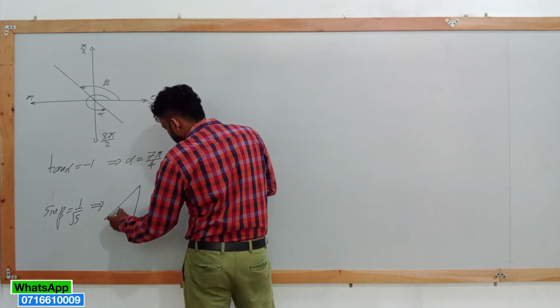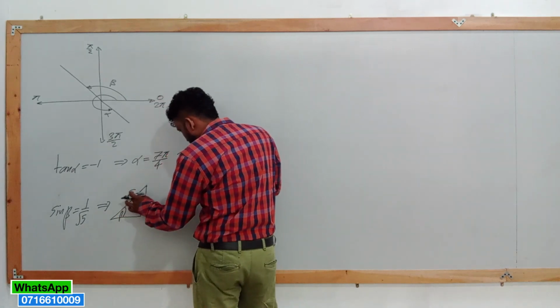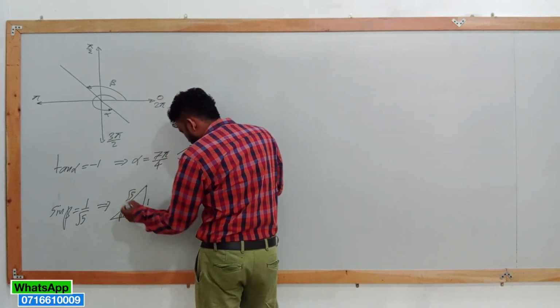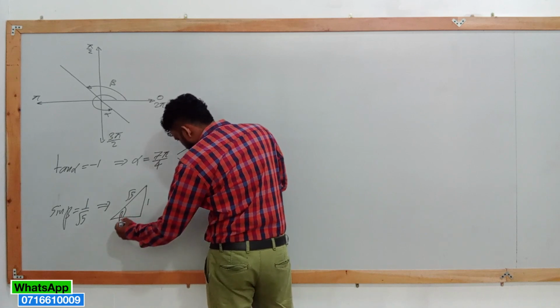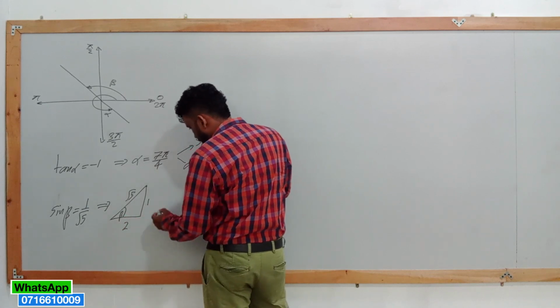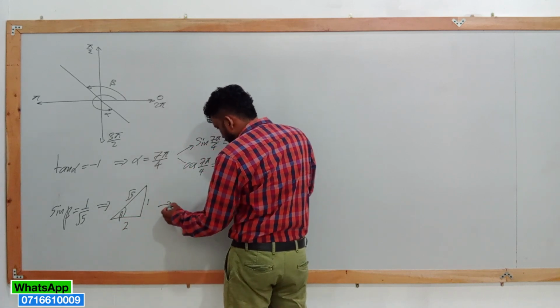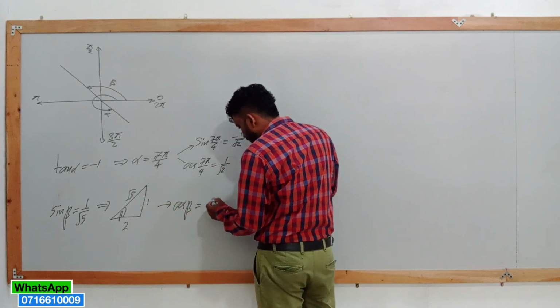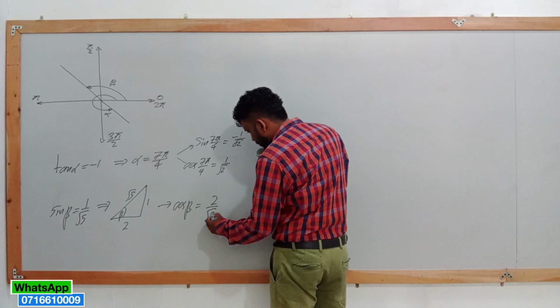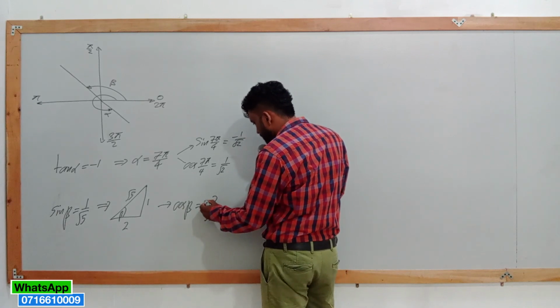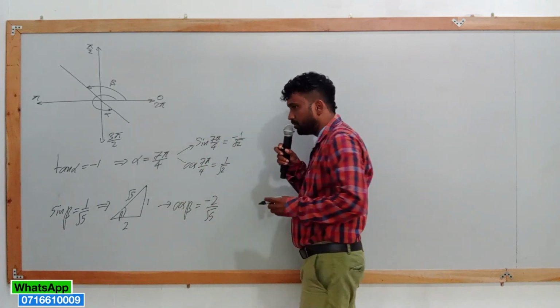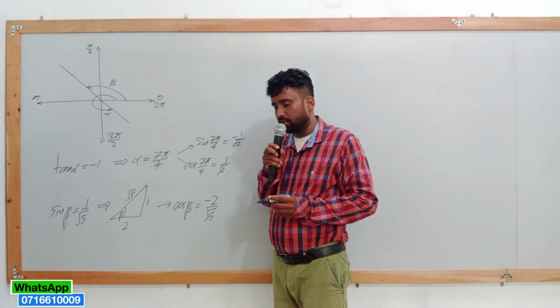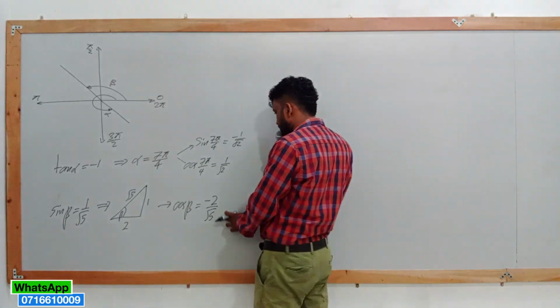Think about beta here. This one is root 5, and this one is 2. Then we can take cos beta. Cos beta is 2 divided by root 5, but here minus. Why? That is the second quadrant, so it is minus, right?